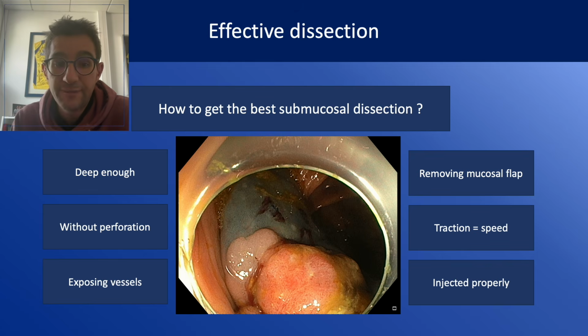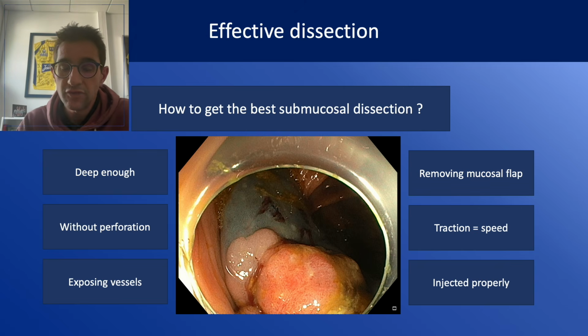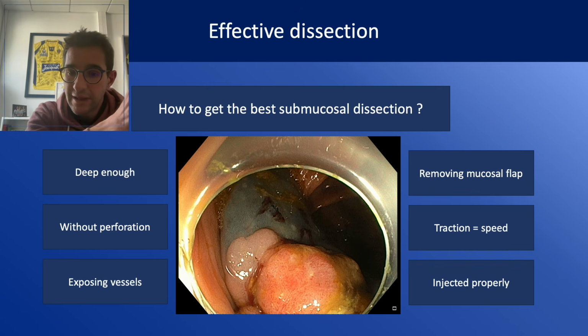It should be deep enough, because in the deeper part of the submucosa you have fewer vessels, but without perforation. You will expose the vessels better when you do it deep. It will remove the mucosal flap, and the traction will help a lot to remove the mucosal cap.